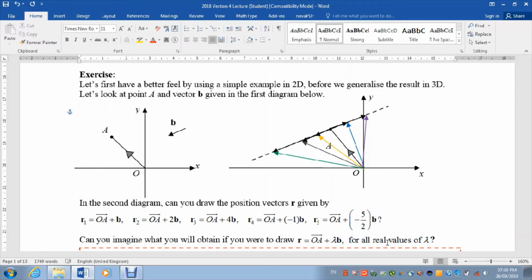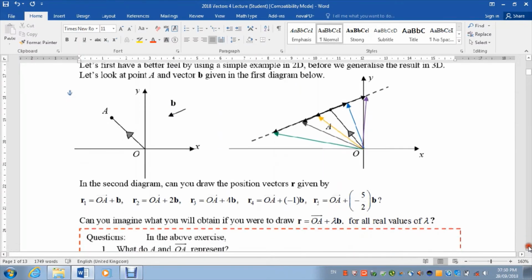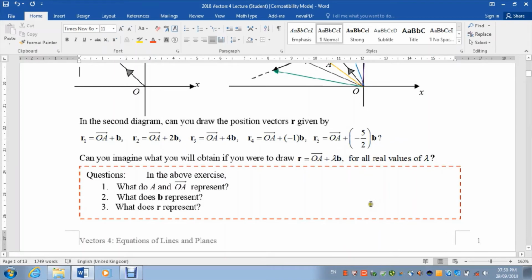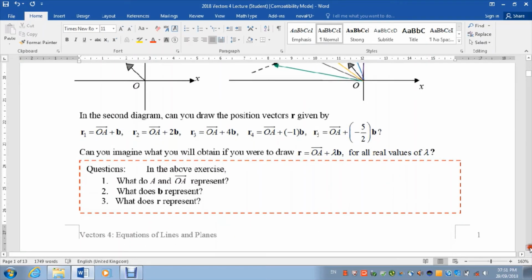You're actually going to get all the position vectors of the points on a line. So this is something that made us suspect maybe the equation of the line is given by this. So we're going to look at it further. For these questions in the box, you can come back to them later.